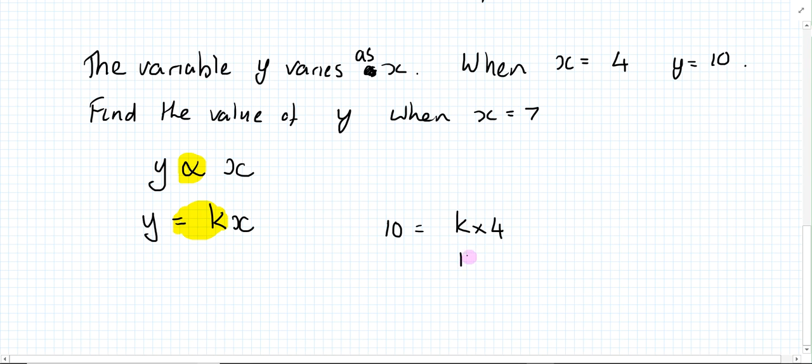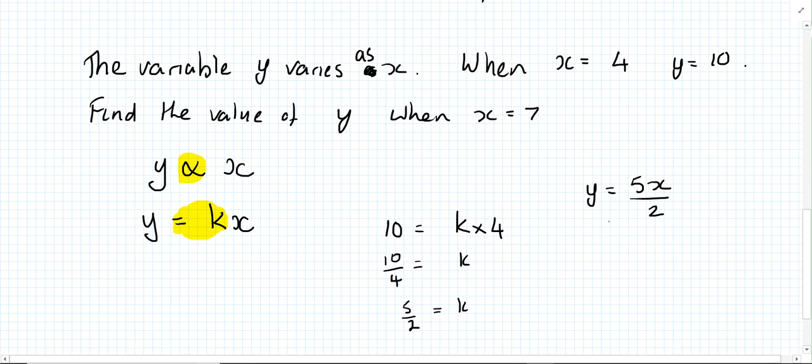Okay. So k equals 10 over 4, or we'll simplify to 5 over 2. I'm going to leave it as 5 over 2. I much prefer fractions. So then I can say that y equals 5x over 2, because I've replaced the k. Right, so that is now the link.